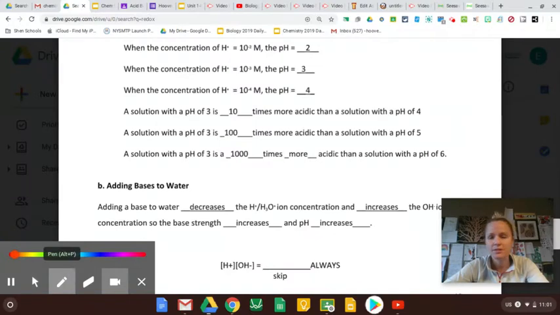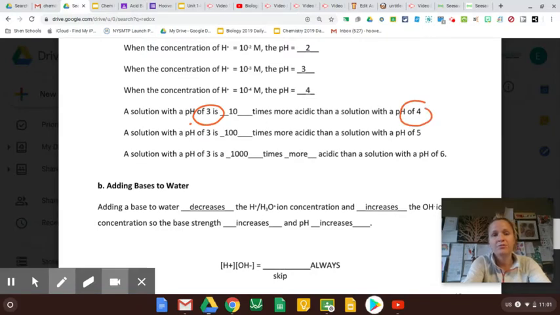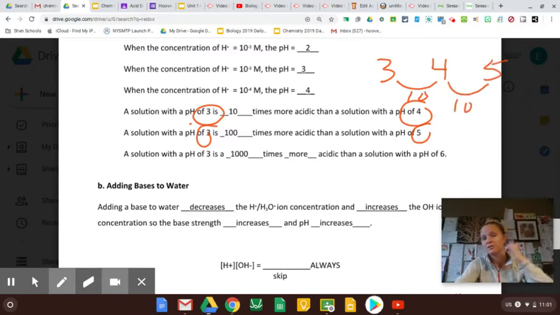So back to each step on the pH scale being 10 times stronger. So we could say a solution with a pH of 3 is how many times stronger than a pH of 4? Well, that's one step on the pH scale, so it is 10 times stronger. All right, what about 3 compared to a 5? Well, that's 2 steps on the pH scale, so that's 10 times 10, which is not 20, 10 times stronger, and then 10 times that is 100.